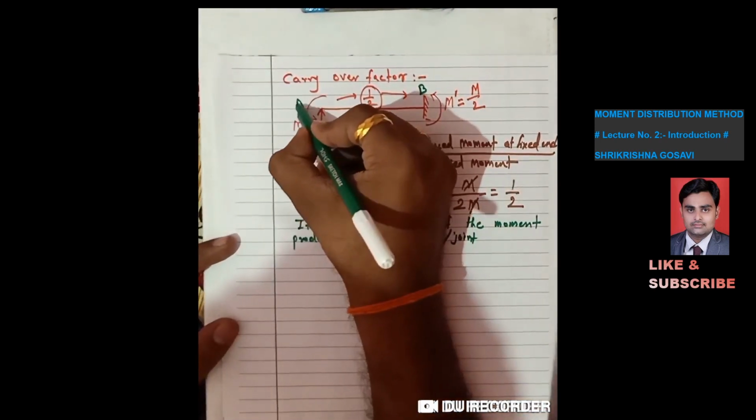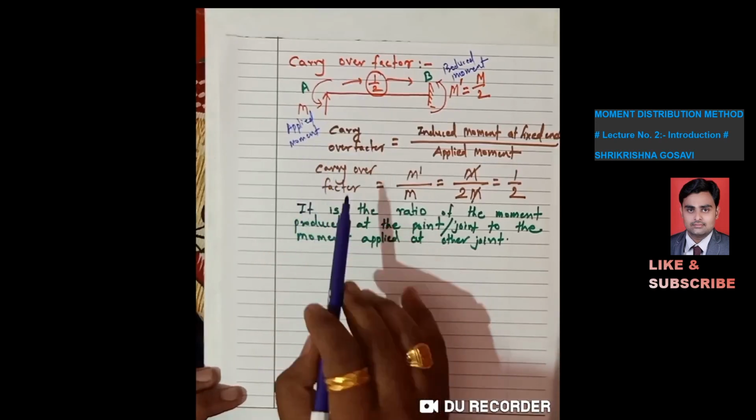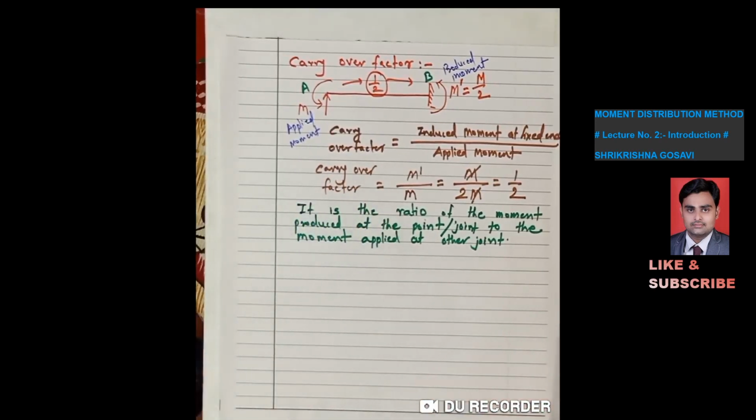Instead of saying it is produced at point B, we will say it is produced at joint B. The ratio of that moment to the applied moment is your carryover factor.